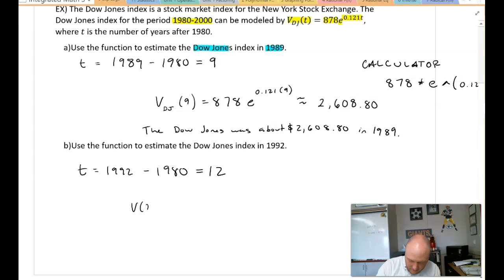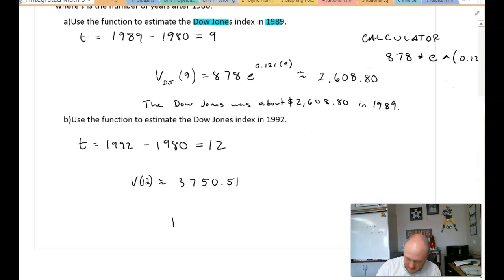So V of 12 is about 3,750.51. The Dow Jones was about 3,750.51 in 1992.